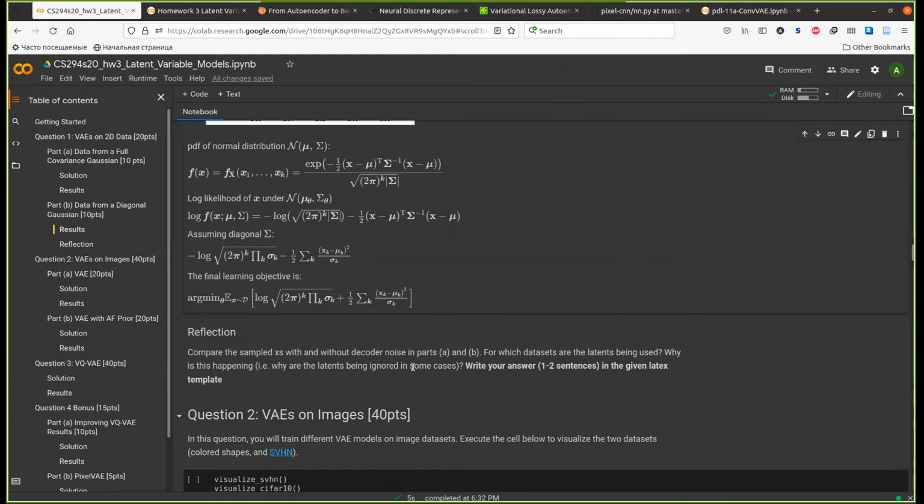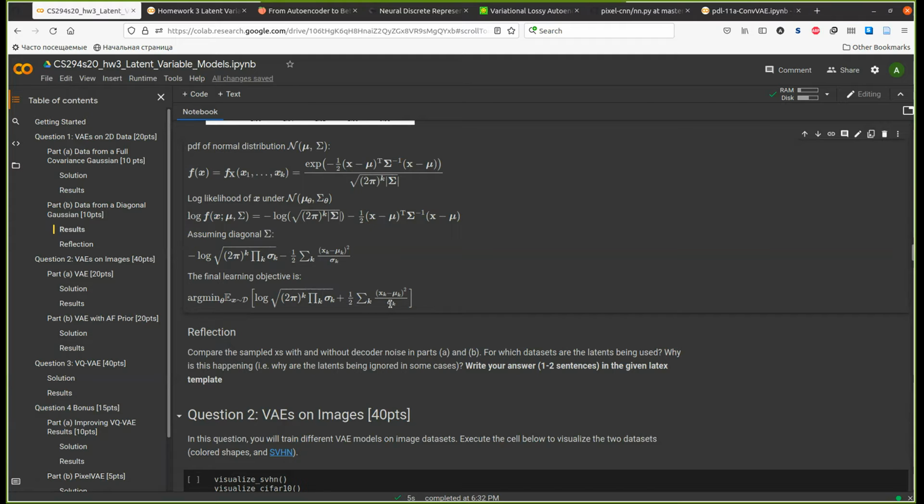And if you think about it, when the average difference between x and the mean is large, then we can increase the variance parameter, and we get this component to be lower, right?